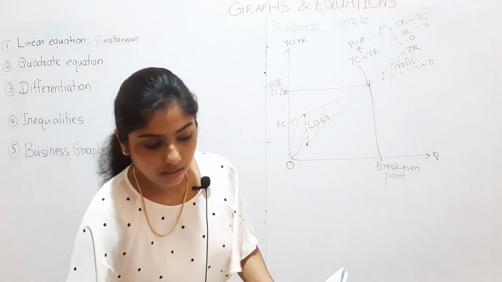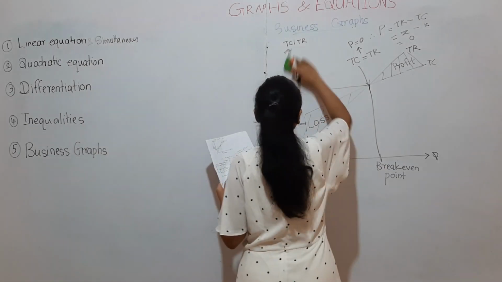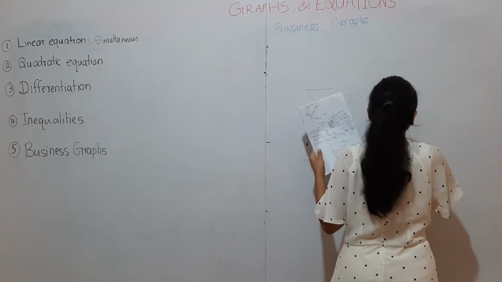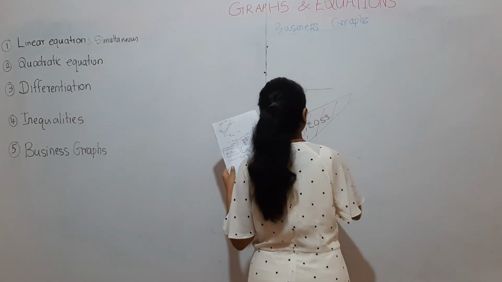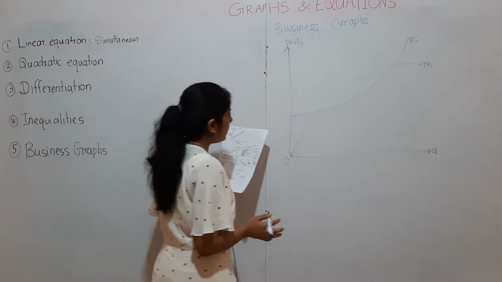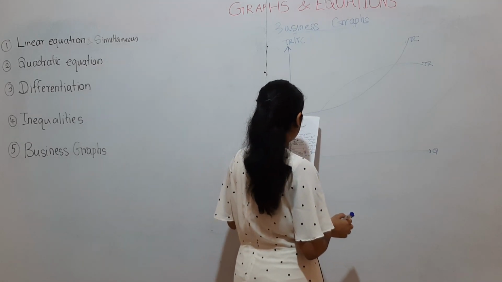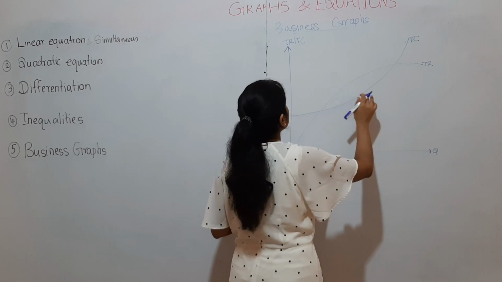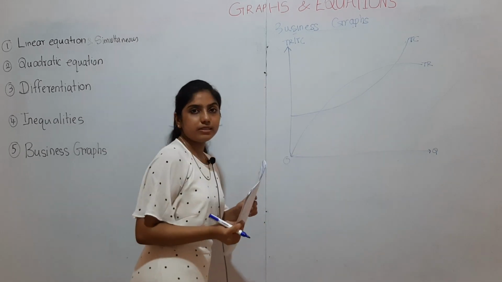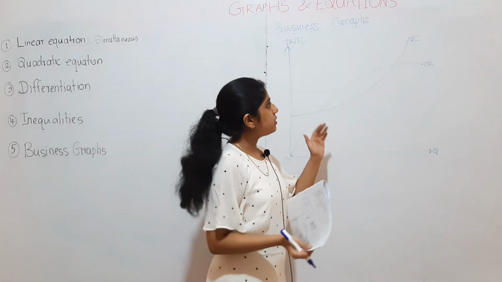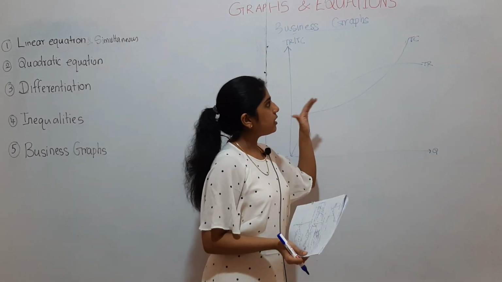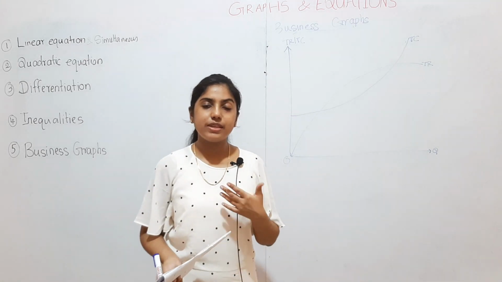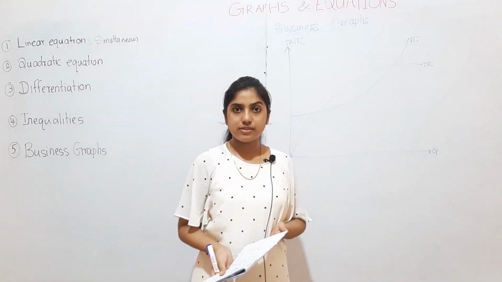Now let's look at how to draw quadratic graphs. We did see that, but now in a business scenario, how it works. Here we have how to mark the profit area in a total revenue and total cost curve scenario where we will have them as quadratic equations.